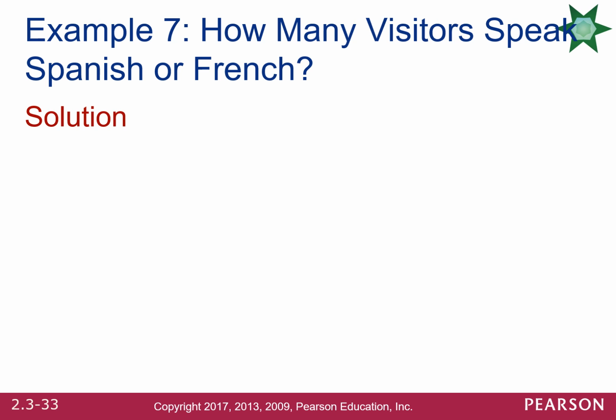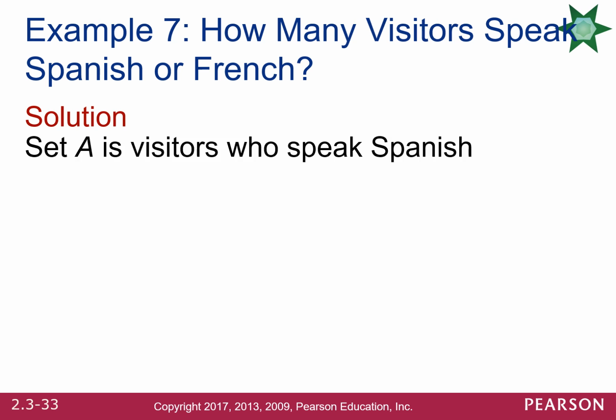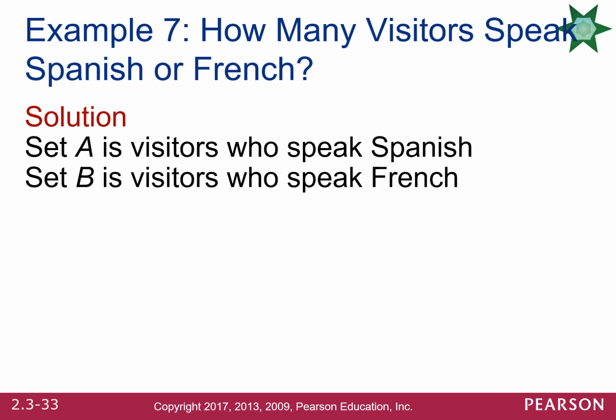So let's review the problem here and go through what they have done to work this problem out. Set A is visitors who speak Spanish. That's how we designated it, and we just named it as set S instead of set A. Set B is visitors who speak French. We did the same thing, except we denoted the French speakers as set F, correct?